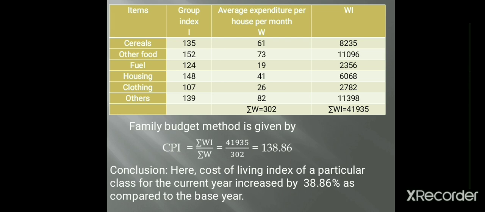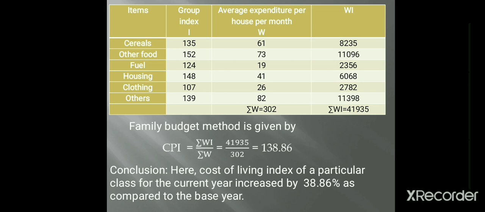For example, for the first entry, 61 multiplied by 135 results in 8235. The second value, 73 multiplied by 152, is 11,096. 19 multiplied by 124 is 2,356. 41 multiplied by 148 is 6,068. 26 multiplied by 107 results in 2782.